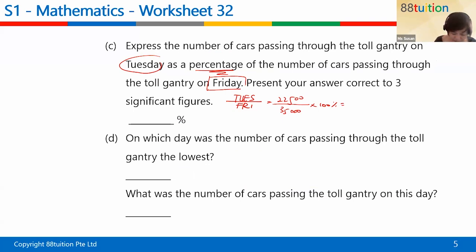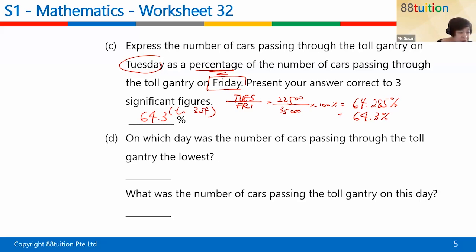So you should get 64.285. You want 3 significant figures, so you have to do up to 64.3. That will be 3 SF.